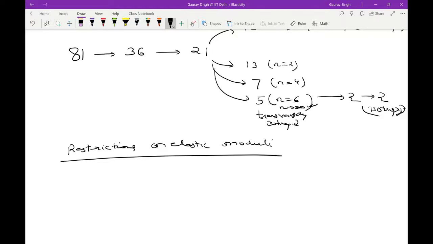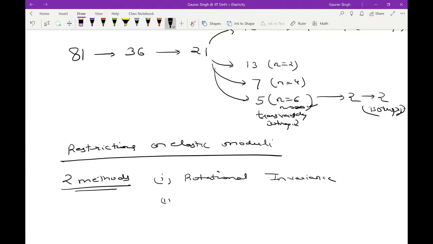For anisotropic material, there are two methods, and each would give you a different answer. One is the so-called rotational invariance. I will explain both of them.